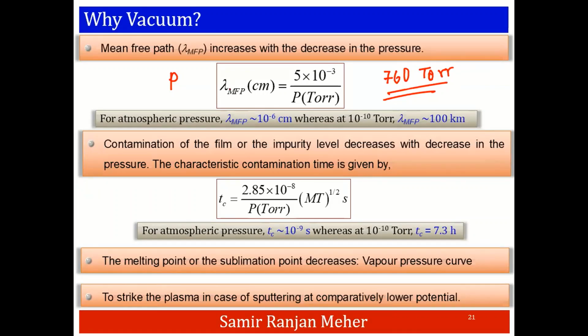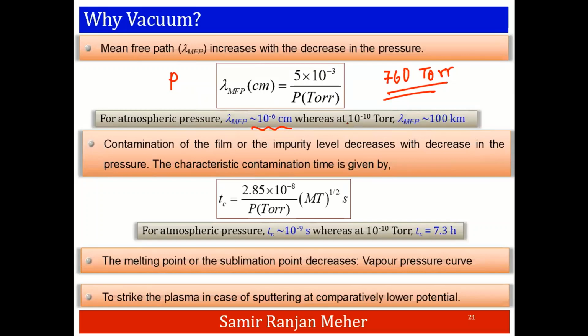And this is the relation between the mean free path and the pressure inside the chamber. You can see that at atmospheric pressure, the mean free path is very, very small, of the order of a few micrometers or less than a micrometer. It is 10 to the power minus 6 centimeter.